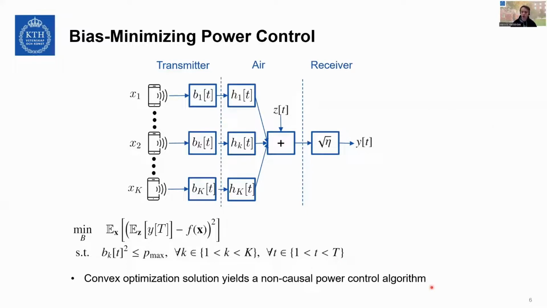Therefore, we have considered the problem of finding the optimal B that minimizes this squared bias, given the constraint that you can only use past channel coefficients and the current channel coefficient. In order to find such a solution, we turned our eyes to the computer science literature, specifically to the tools of greedy algorithms, and we were able to prove the following theorem.